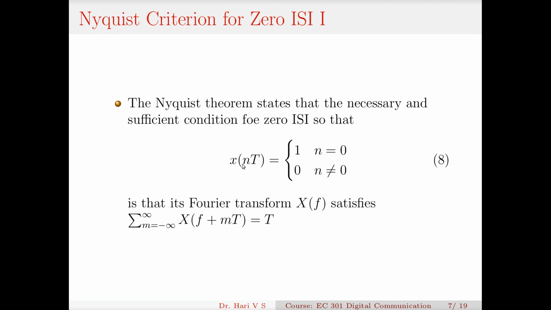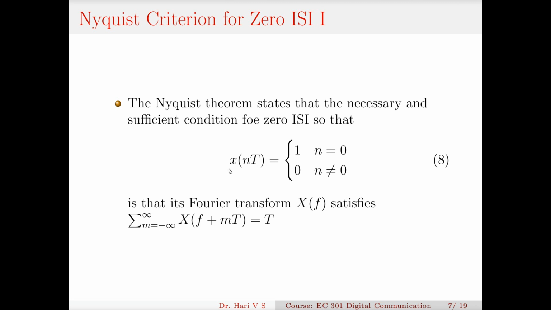Otherwise, this should be an impulse function, so that when the symbol is convolved with this x(t), only the symbol comes out and no other ISI term comes. It is very difficult to have such a thing.